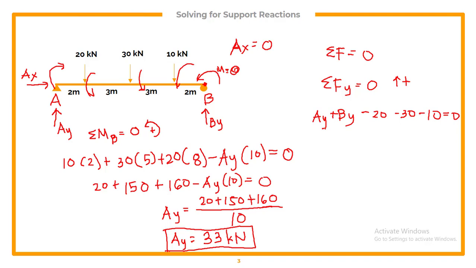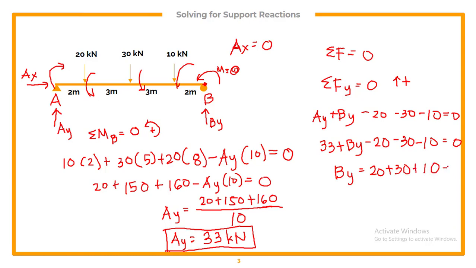But since we already have the value of AY, which is 33, it becomes 33 plus BY minus 20 minus 30 minus 10 equals 0. Move everything to the other side: BY equals 20 plus 30 plus 10 minus 33.